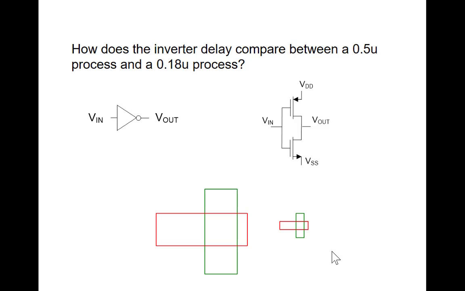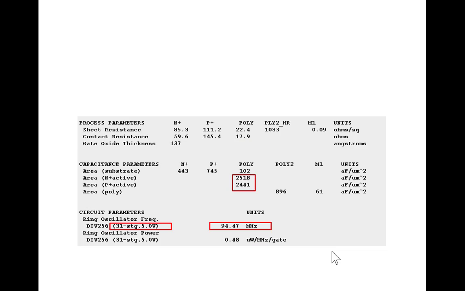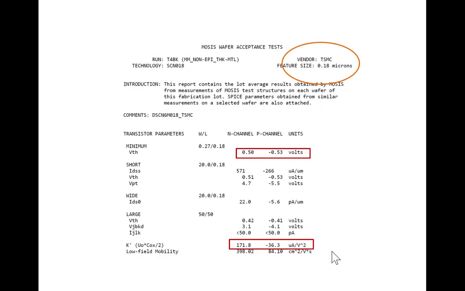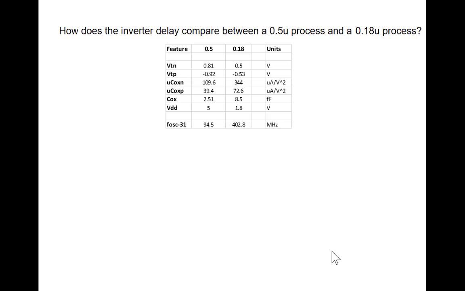Got a quick question. How does an inverter delay compare between a 0.5 micron and a 0.18 micron process? So we can go to a 0.5 micron process, pick out the threshold voltages, pick out mu Cox, and we do the same thing for a different process. And so what I've got is the threshold voltages and the mu Cox's for these two different processes.